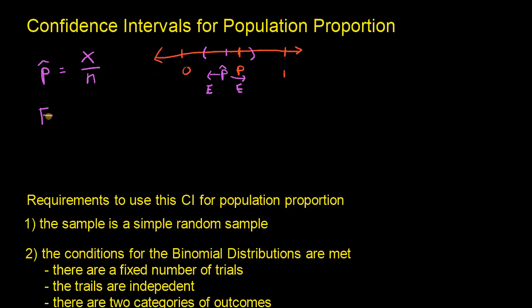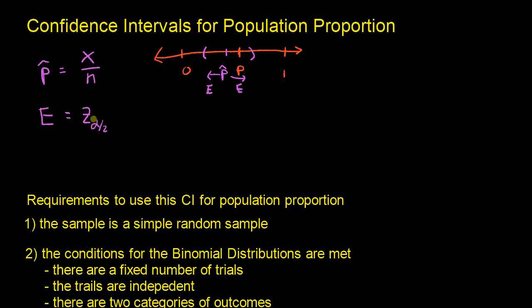Then there's this equation for E, the margin of error. This equation for E involves the critical value, Z alpha divided by 2, which purely depends on what your confidence level is, right? So if your confidence level is 95%, for example, Z alpha divided by 2 will always be the same number, right?